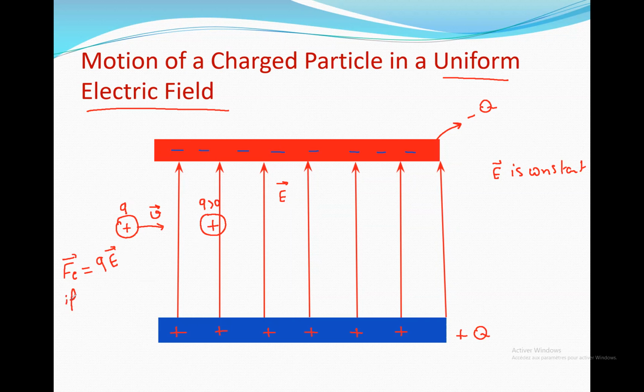If Q is positive, so Fe and E have the same direction. So the force applied must be directed in the same direction as E because Q is positive.